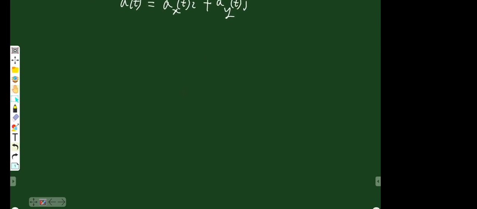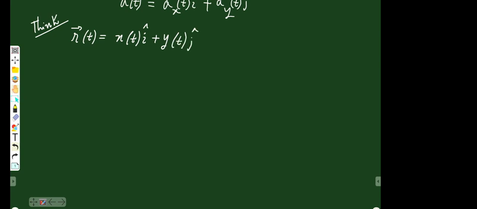Now, let's think about this, right? Now think, we discussed r as a function of time, that is x(t) i vector plus y(t) j vector. Okay. Now what is the meaning of this one? Consider t is equal to 0.